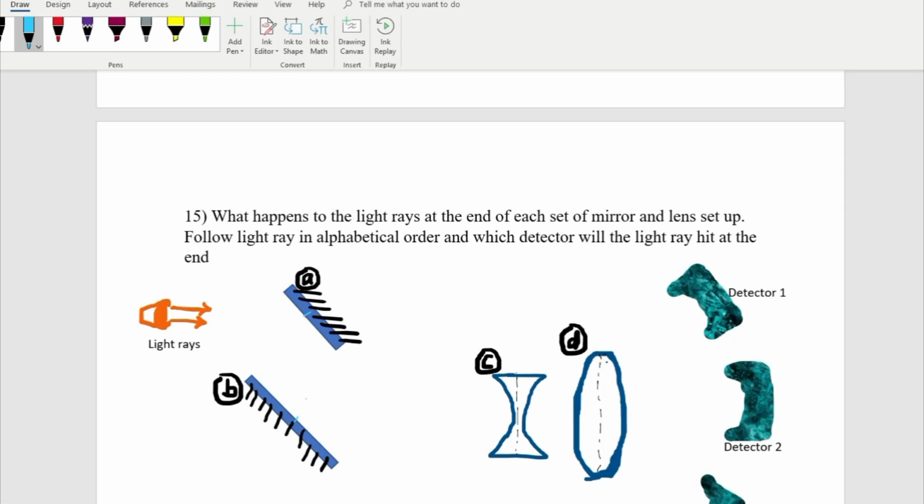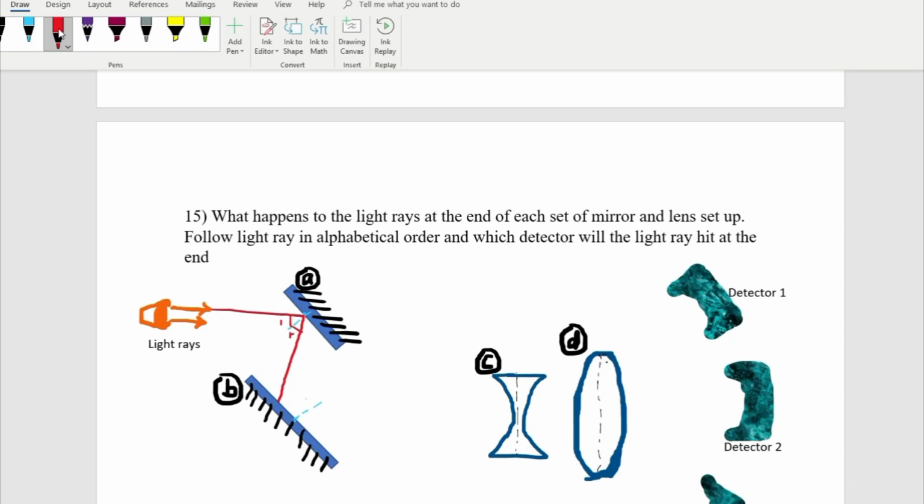First we need to take note of the normal line that is perpendicular to our mirrors right here. Once we have our light rays coming in, they bounce from one side to another, and take note that the angles here are equal: the angle of incidence and the angle of reflection are equal.